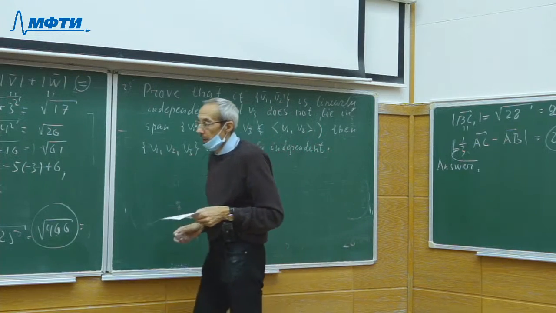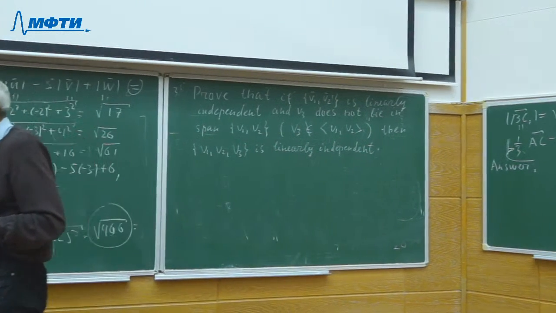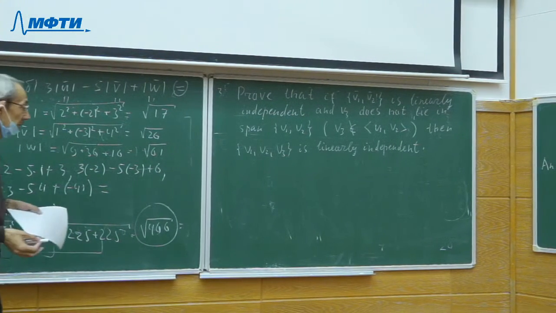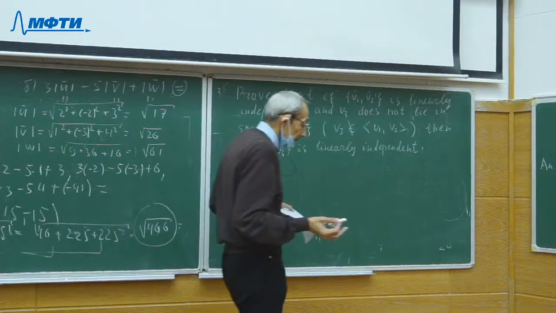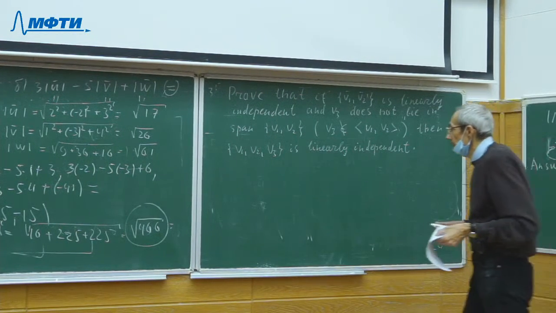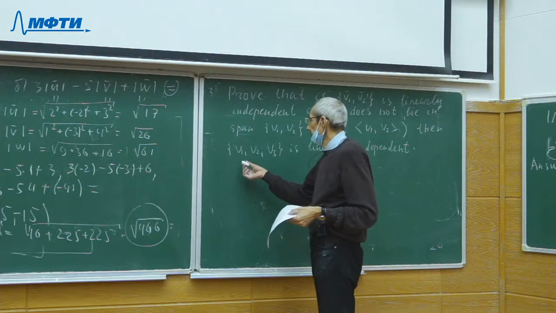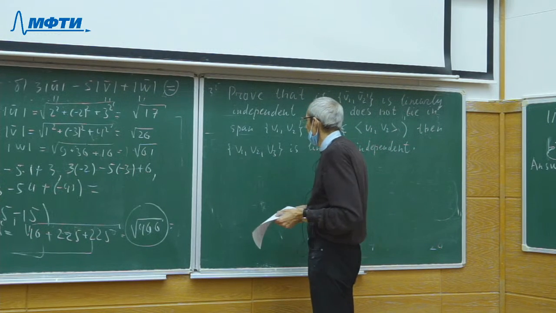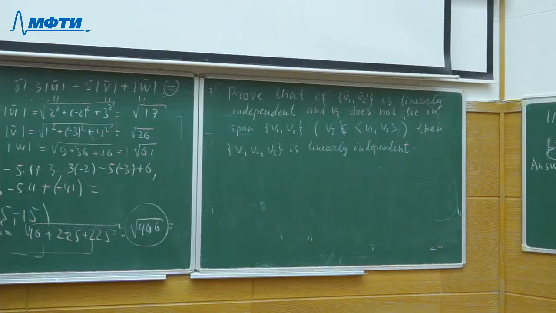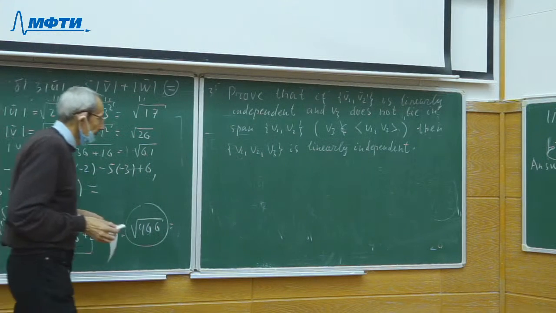We will say the set of vectors is linearly independent. In the same sense, the vectors v1, v2, v3 are linearly independent. It is the same meaning.